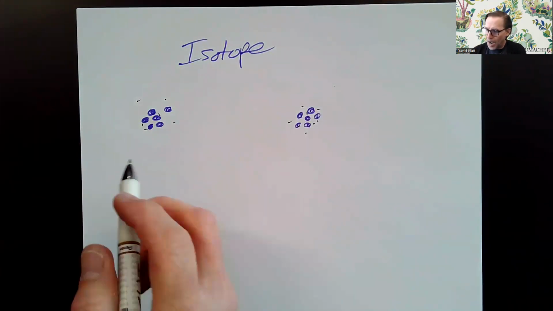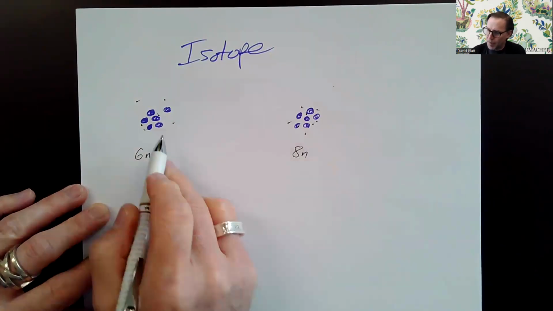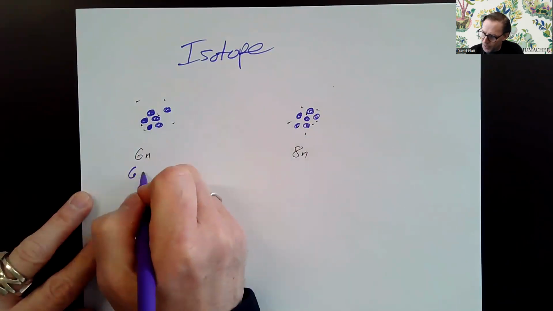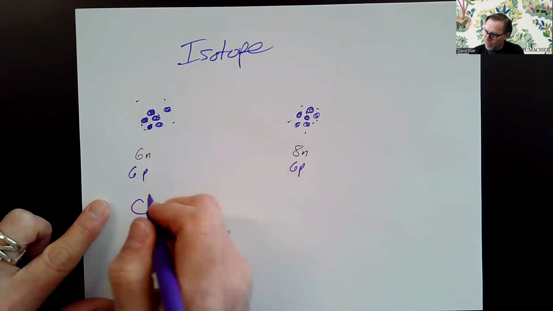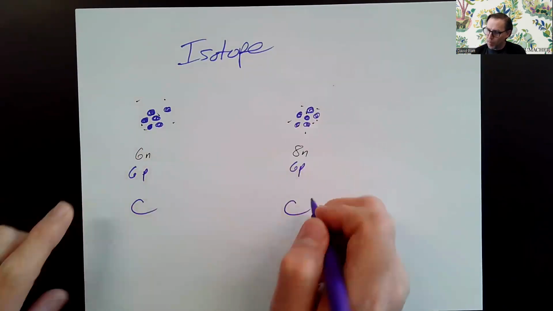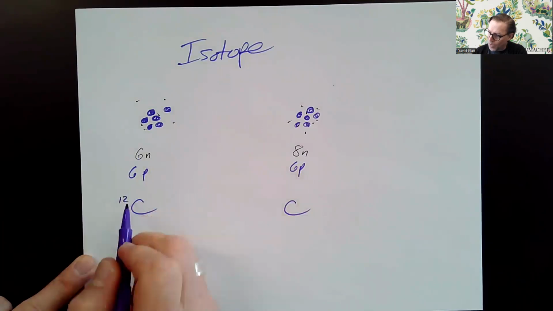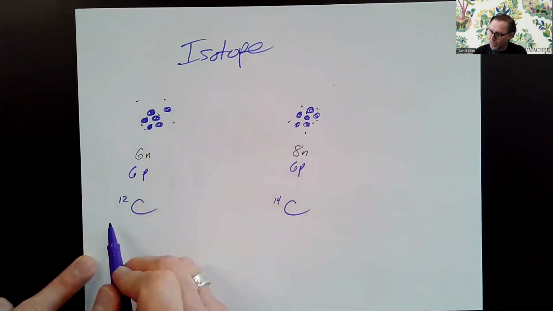So if you counted, I've got 6 neutrons here, I've got 8 neutrons here. I made 6 little black dots, I made 8 little black dots. Both of them have 6 protons. So 6 protons means it's carbon. 12 nucleons means it's carbon 12. 14 nucleons means it's carbon 14.